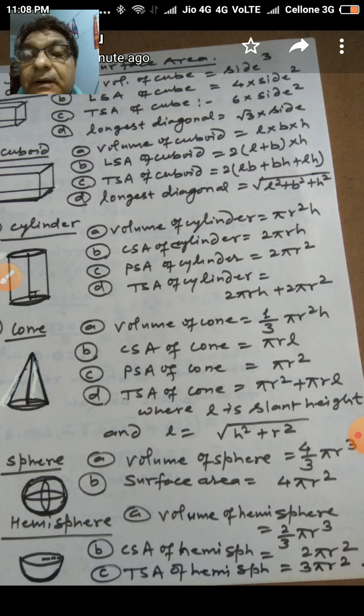So in finding the volume, you just take the volume of each part and add them. Similarly for surface area, take the surface areas which are viewed from outside and add them, and you will get the total surface area.